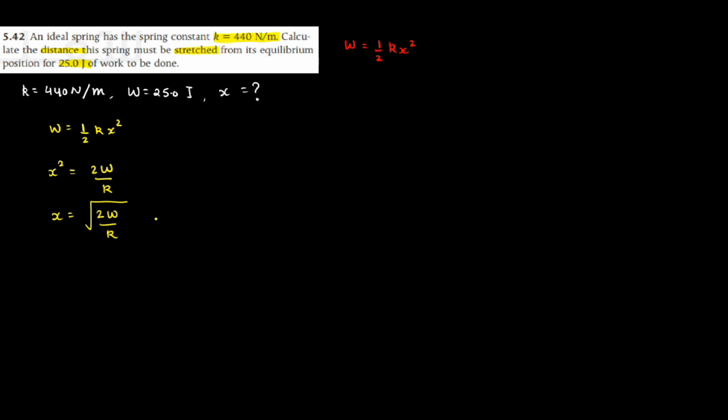When you substitute the values, you get the square root of 2 times 25 divided by 440. That gives me the value of x as 0.34 meter.